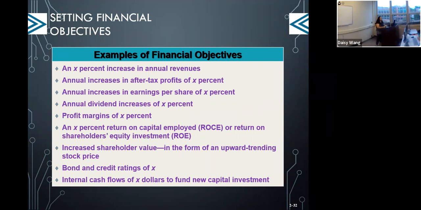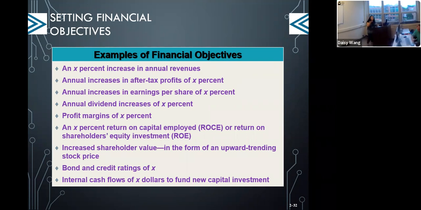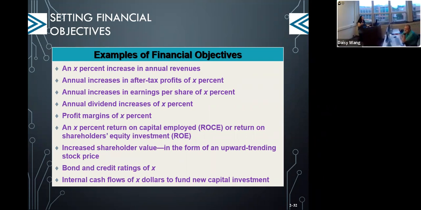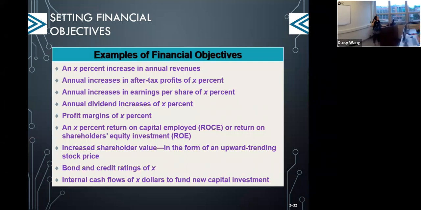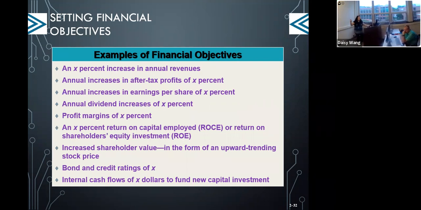And then return on capital employed or return on equity. You will be able to see all these numbers on your BSG report as well, so you also need to set them. And then credit ratings: some companies have reached a credit rating of A, some A-, some B. You also want cash flow of a certain amount to fund new capital investment. Those are examples of financial objectives.